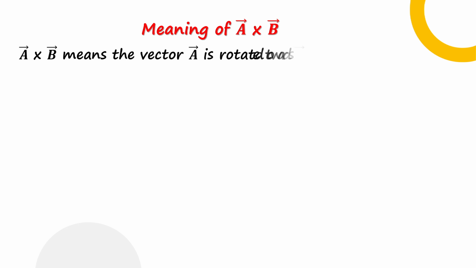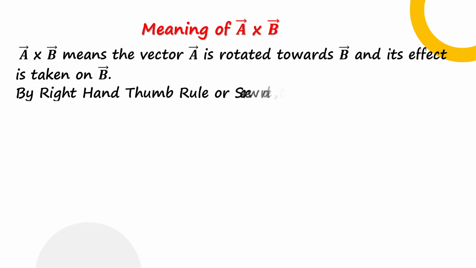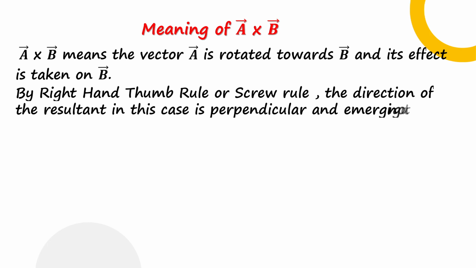Now what is the meaning of A cross B? A cross B means the vector A is rotated towards vector B and its effect is taken on vector B. The direction of A cross B is given by the right hand thumb rule or right handed screw rule.